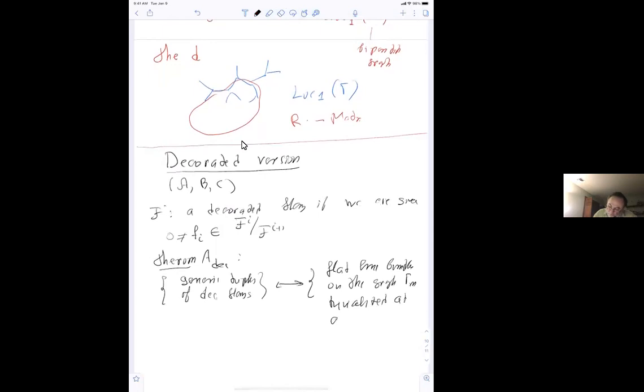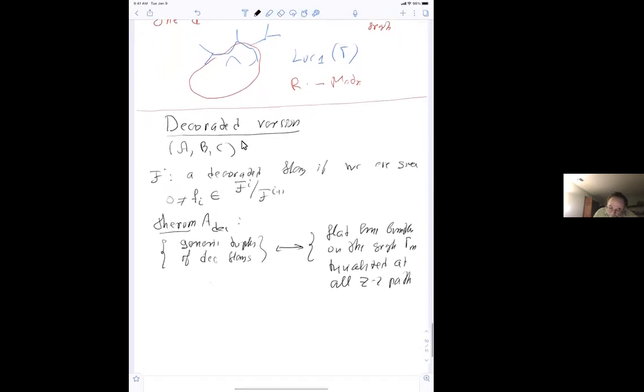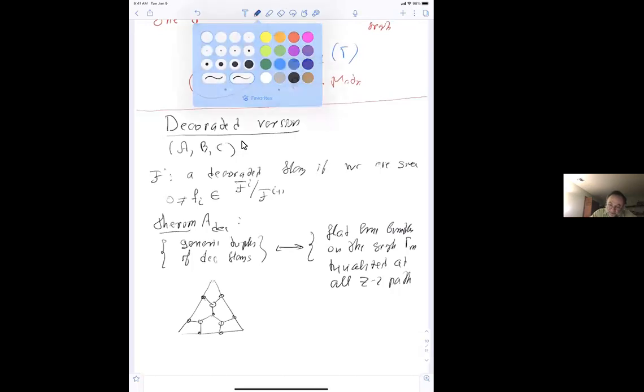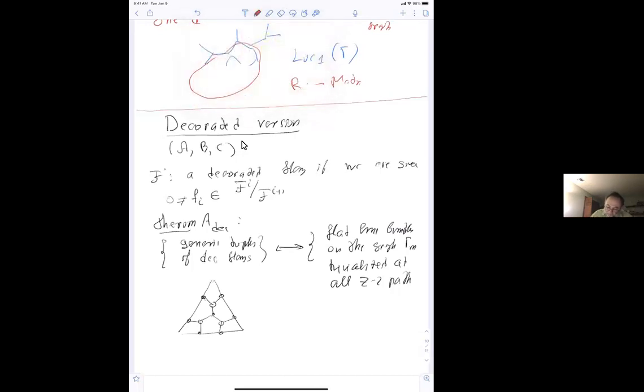at all zigzag paths. Here it's important to remind you that you're talking about this bipartite graph. I draw this picture again, and now I can show you once again these zigzag paths. Here there's one of them like that.